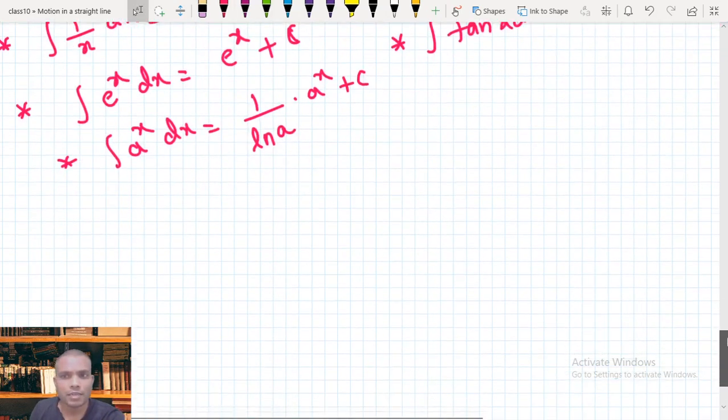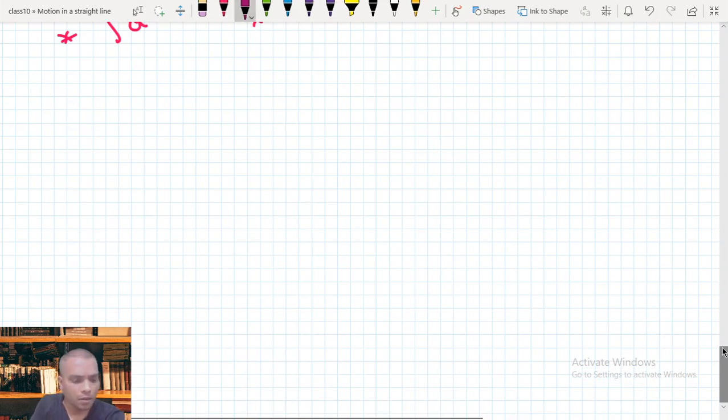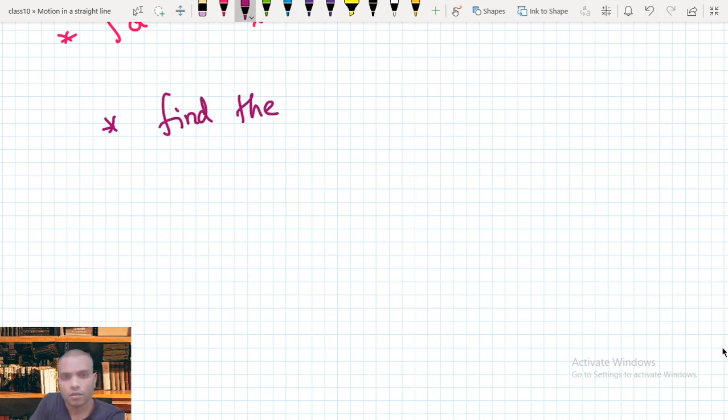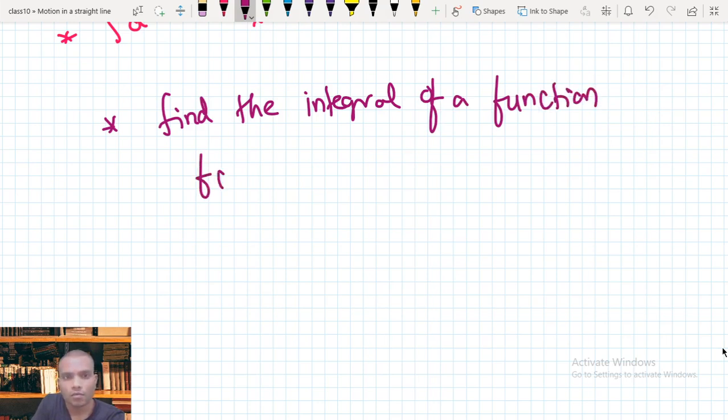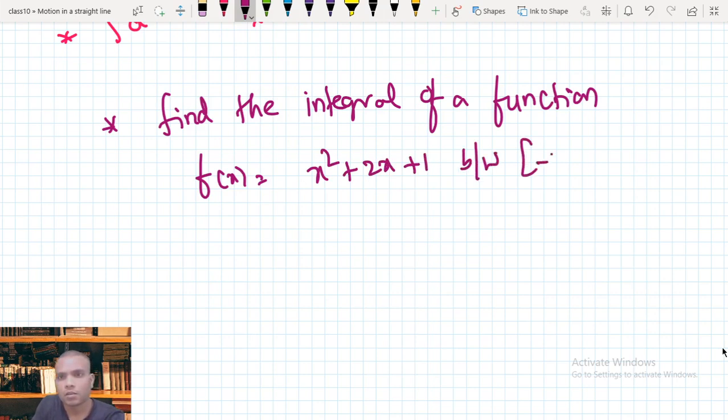Let me take one example and discuss. Find the integral of a function f of x equal to x square plus 2x plus 1 between the limits minus 2 to plus 3.